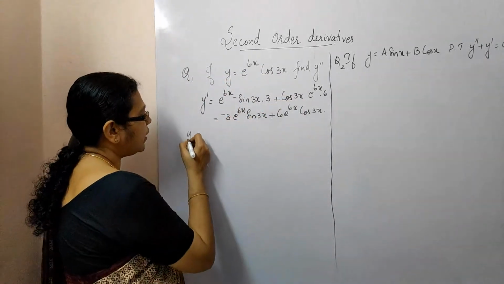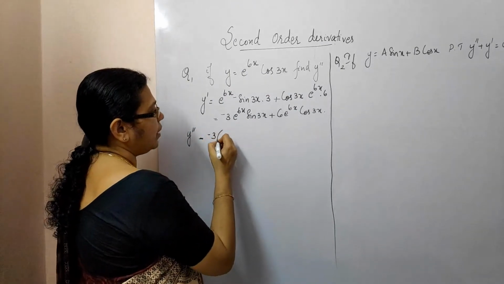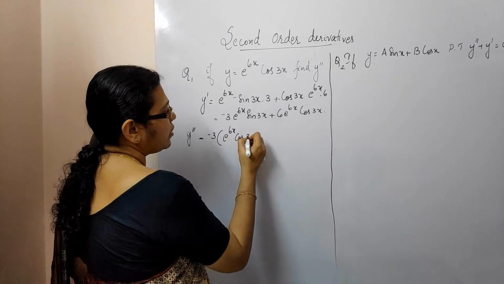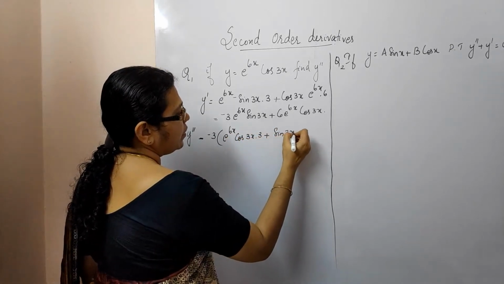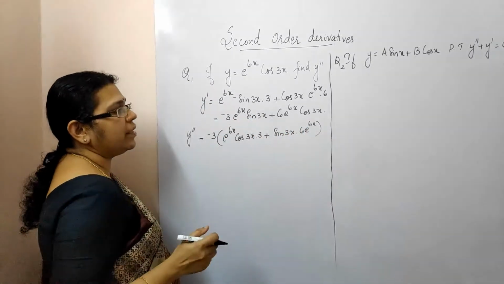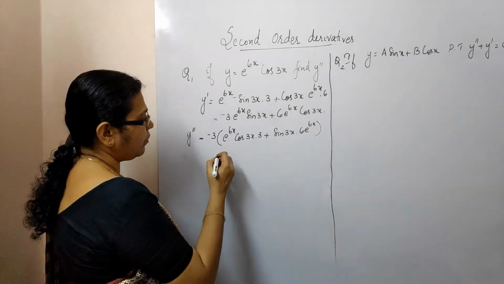Now what is y2 dash? Is equal to minus 3, let it remain outside, first function into derivative of sin 3x which is cos 3x into 3, plus sin 3x into 6 e raised to 6x. So it finished the derivative of e raised to 6x. The second derivative is what I am finding.